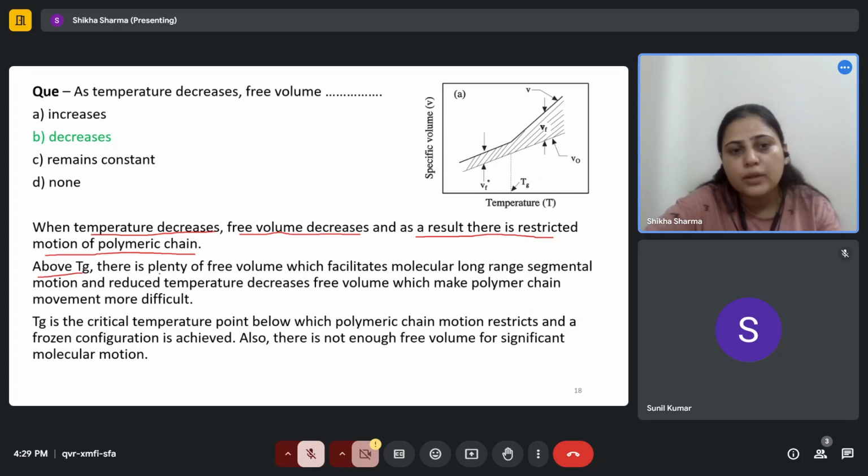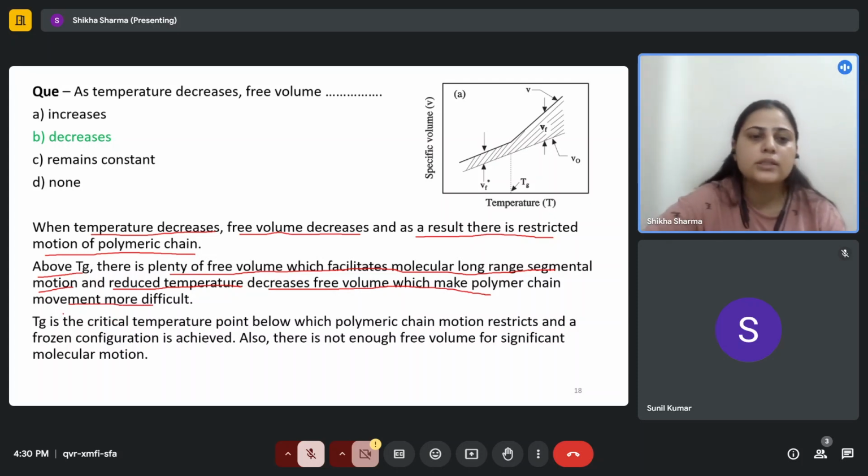Above Tg, the glass transition temperature, there is plenty of free volume which facilitates long range segmental motion, and reduced temperature decreases the free volume, which makes the polymeric chain movement more difficult, right?